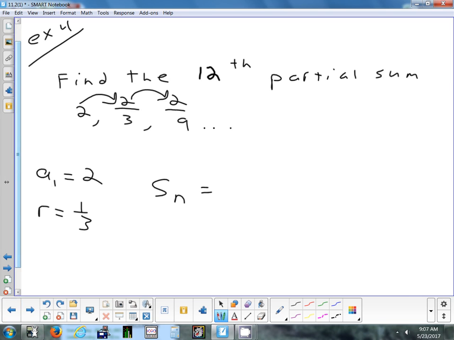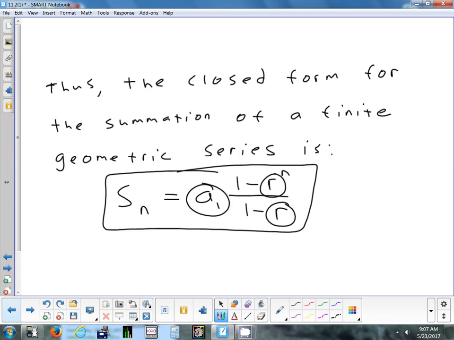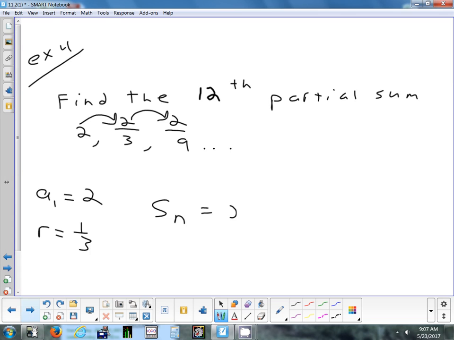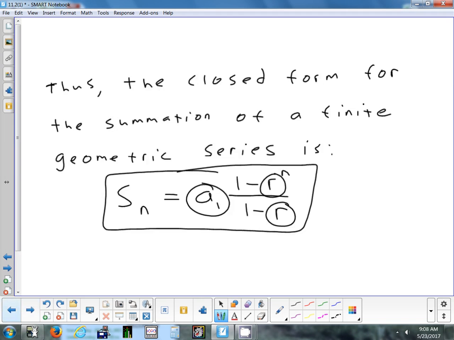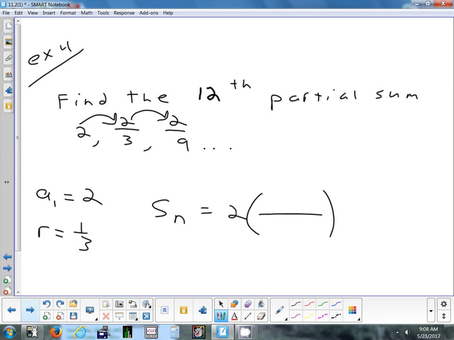So S sub n, I know they want 12, but I'm just going to write this first, and then I'm probably going to stop with that. So S sub n equals the first term times 1 minus r to the n, 1 minus 1/3 to the n, divided by 1 minus r. What's 1 minus 1/3? 2/3.